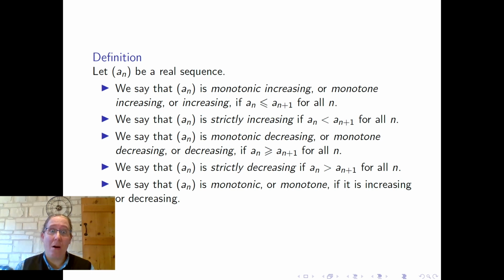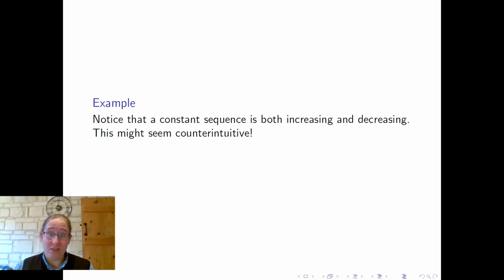So let me just remark that a constant sequence is both increasing and decreasing. If you need to, just go back and look at the slide, check the definition to confirm that. I know that that might seem counterintuitive. There are lots of ways that we might define this.